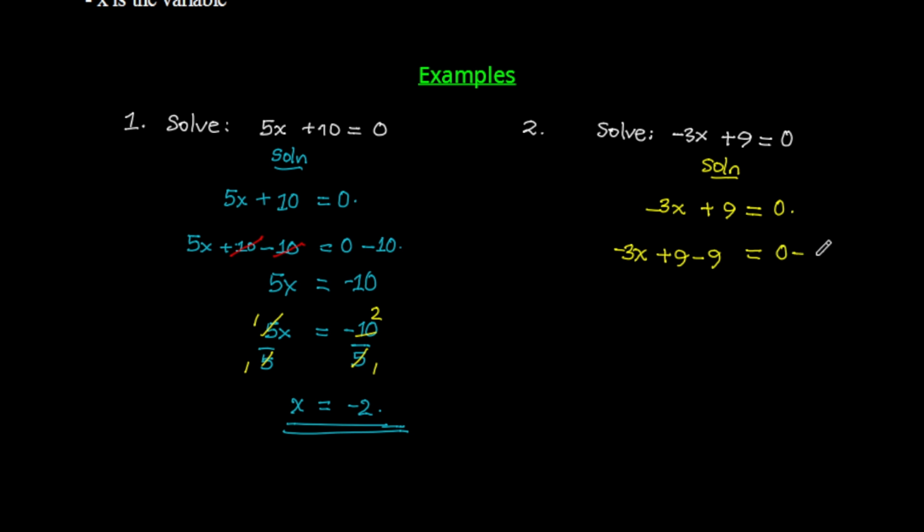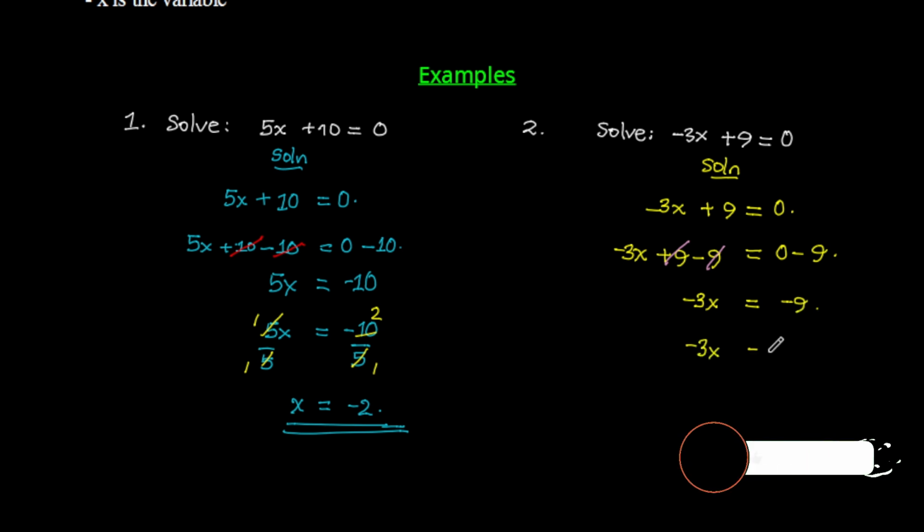We cancel out 9 from the left hand side, and we are left with negative 3x equals 0 minus 9, which is negative 9. Let's rewrite the same step so that we can divide to obtain x.